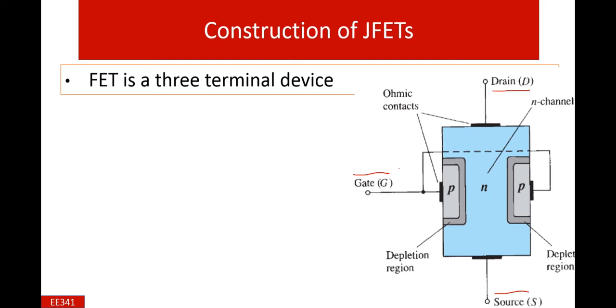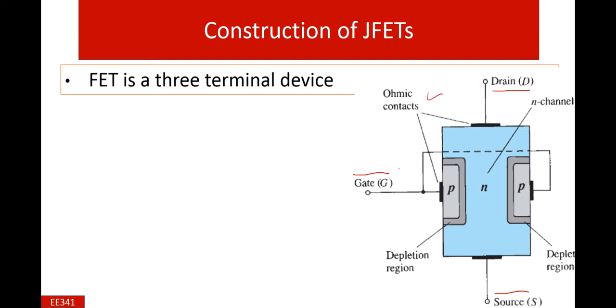It is very important that this is the N channel, because drain and source are connected with N type material, whereas P type is used to make the gate, which is the substrate, developed on the N type. The drain terminal is connected through an ohmic contact.